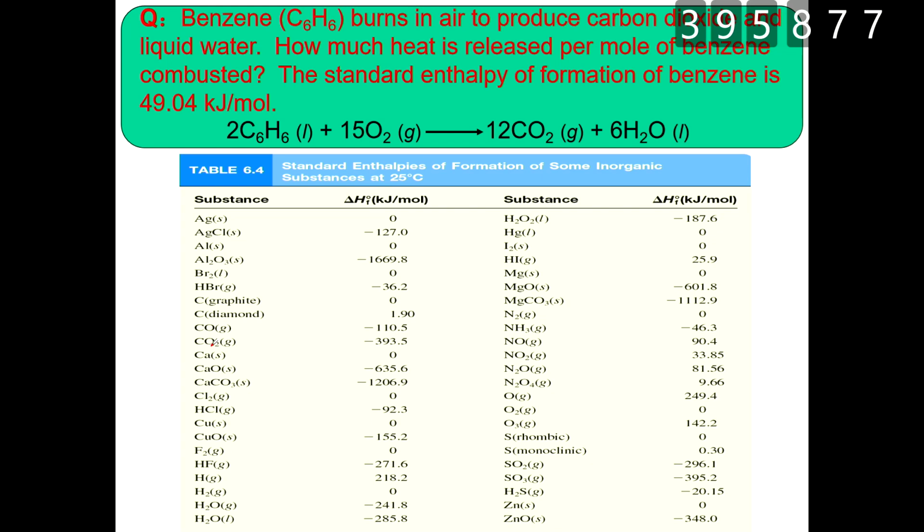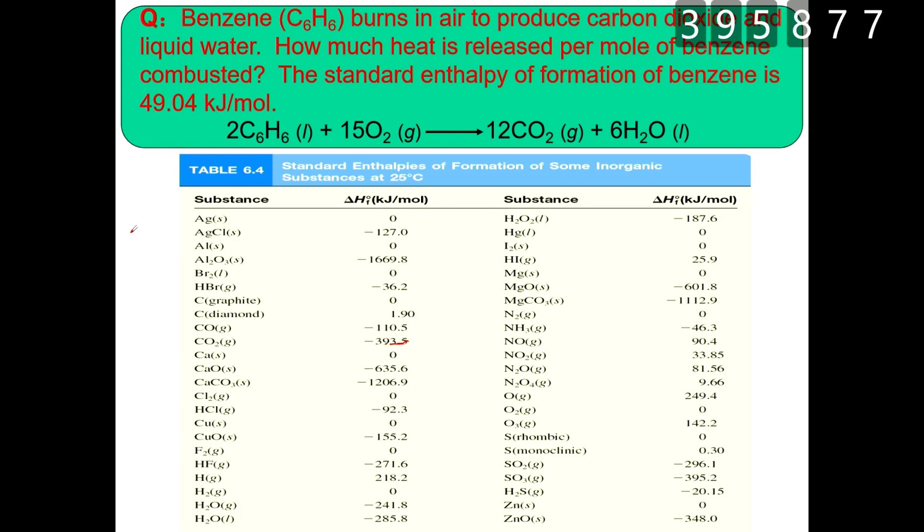Formation. So here is carbon dioxide, CO2. Where's CO2? This is also the state, the gas, right? Carbon dioxide, a negative looks fine.